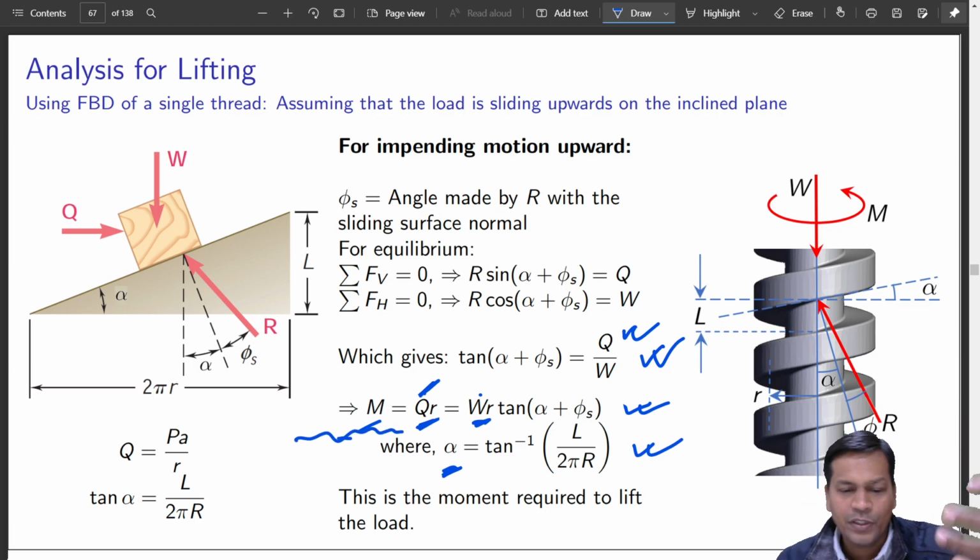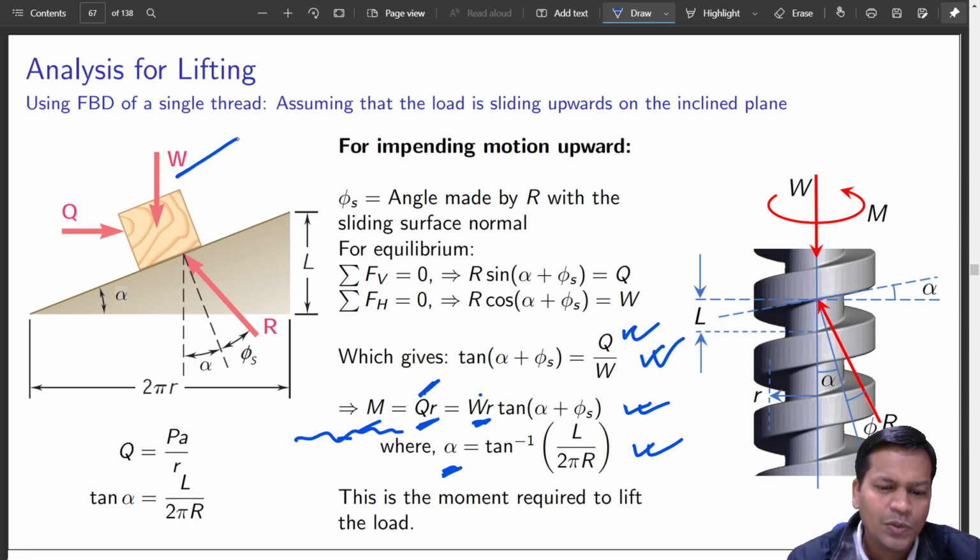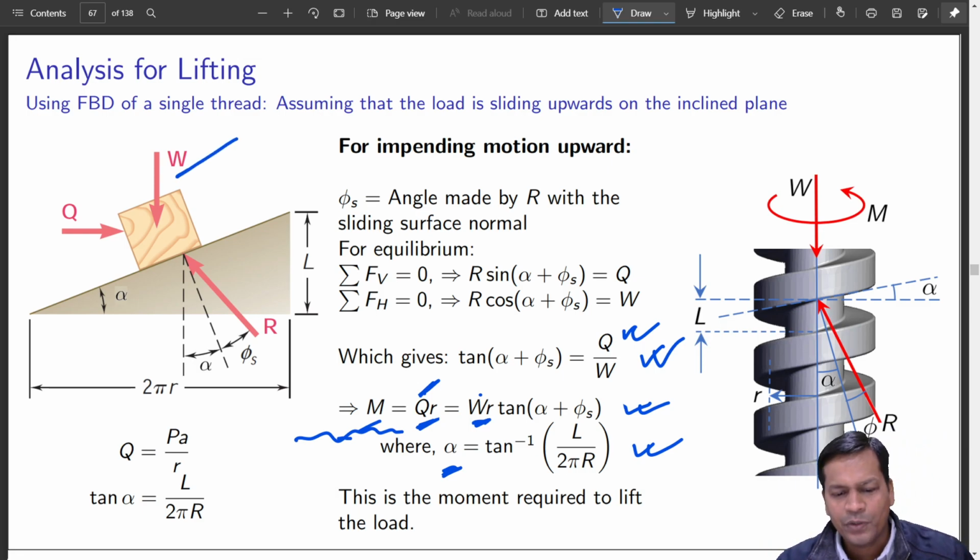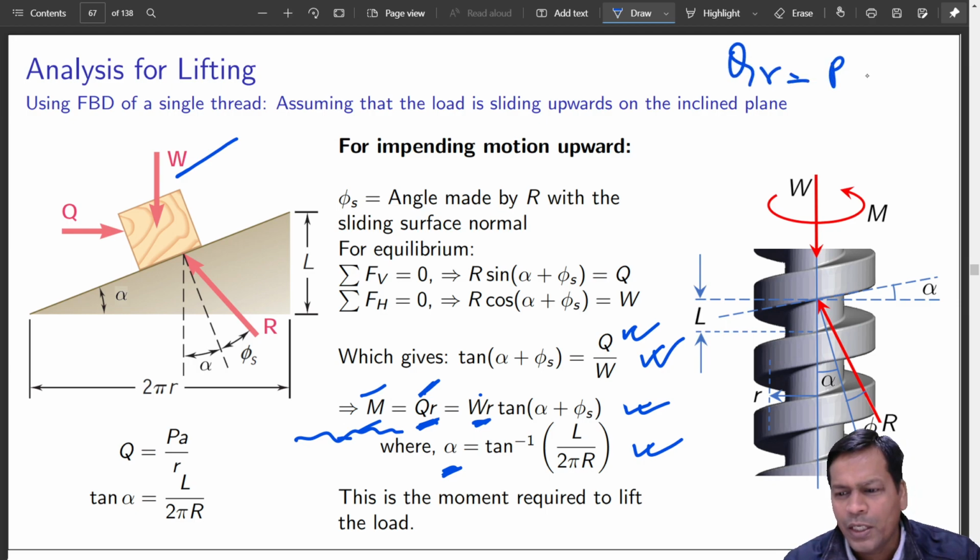Okay. So if you know, let us say it is 200 kg something, you want to lift it, so you have to apply this much of moment. Okay, that is Q into r. So if it is asked that there is a lever which is having a length of 10 centimeter or 20 centimeter, how much force do you have to apply? It is Q into r should be equal to P into A. This is your 10 centimeter.